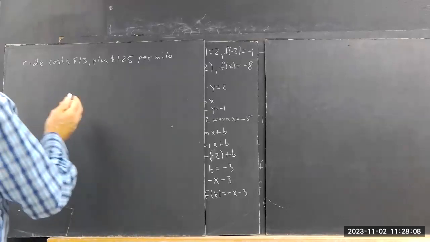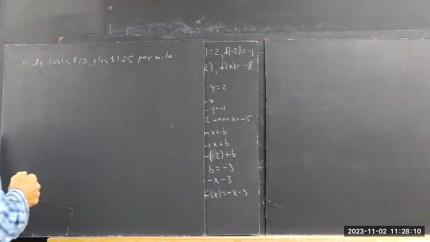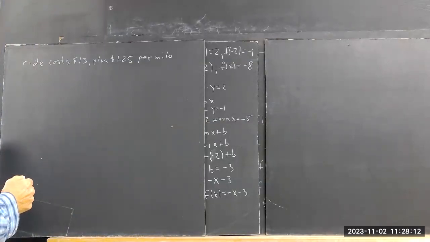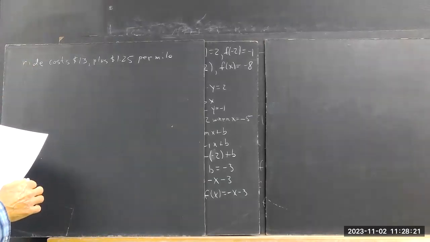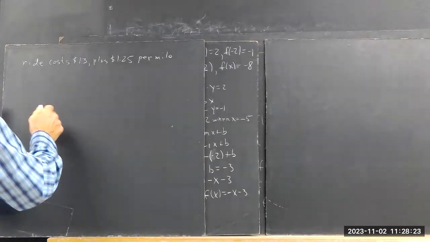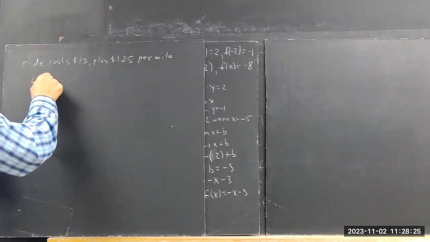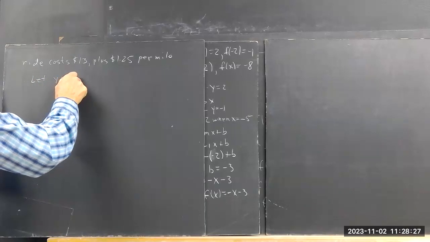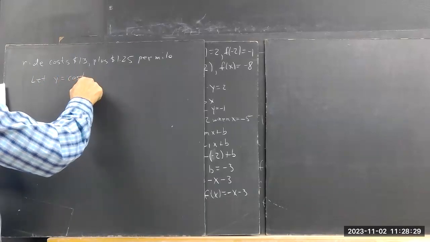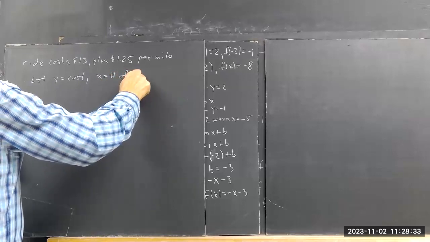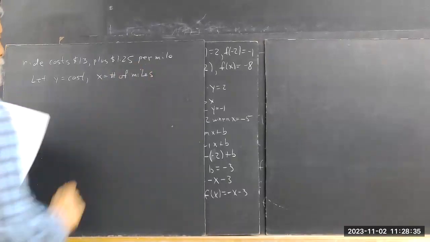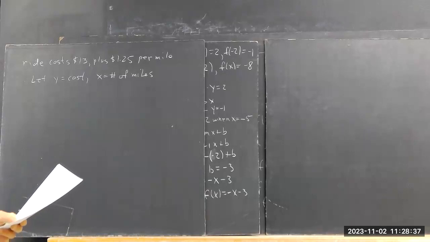Then a couple of ways we could approach this, and I'm debating. But okay, let Y equal the cost, let X equal the number of miles.